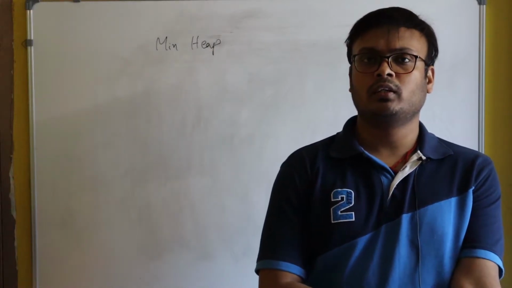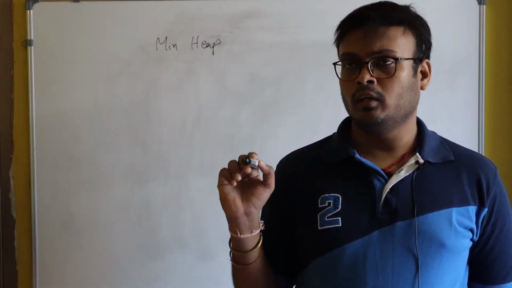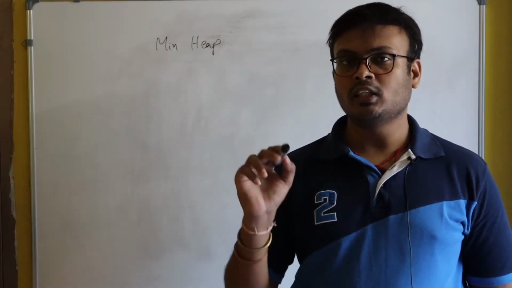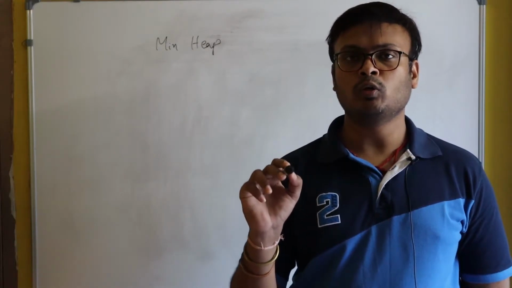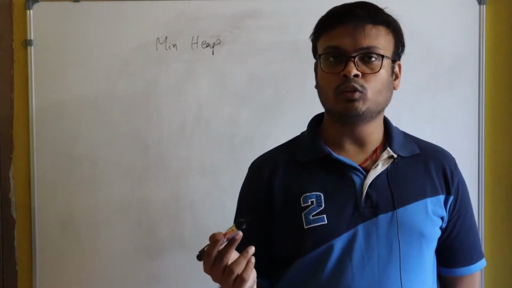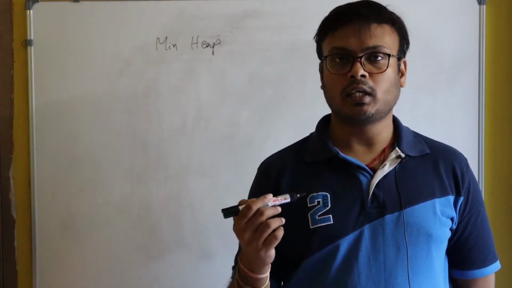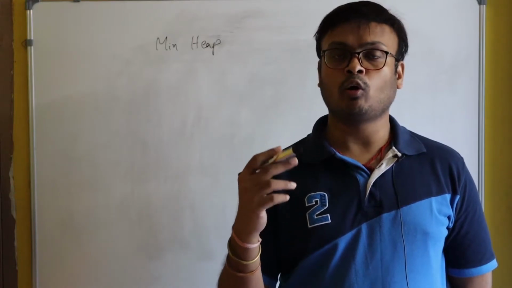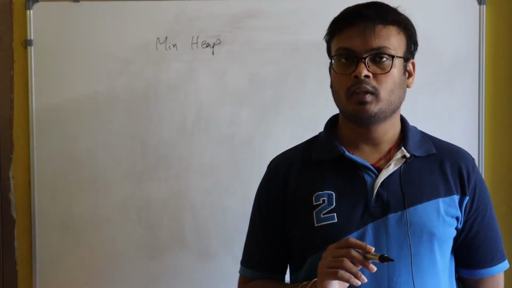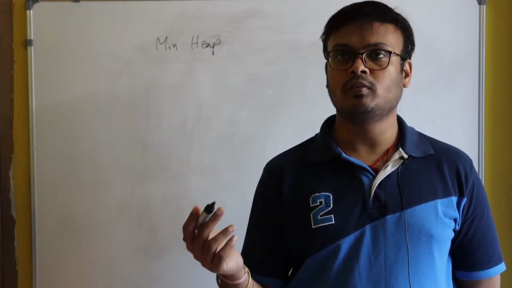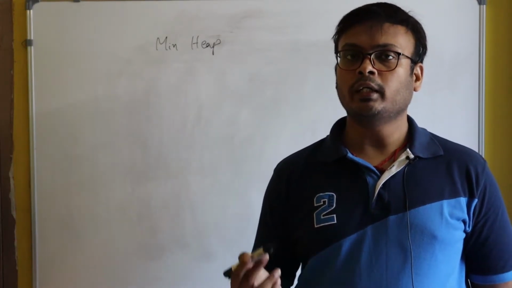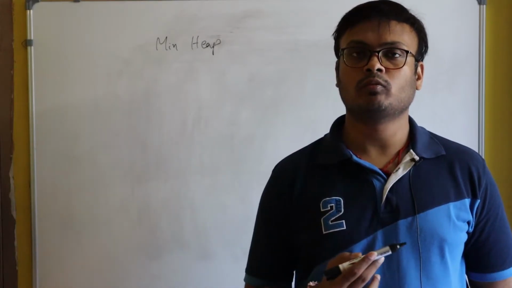In the SRTF or SJF algorithm, on the basis of burst time, we are allocating the CPU to a process. The process which has lower burst time, the CPU will be allocated to that. But it's very difficult to predict the burst time before the execution of the process.